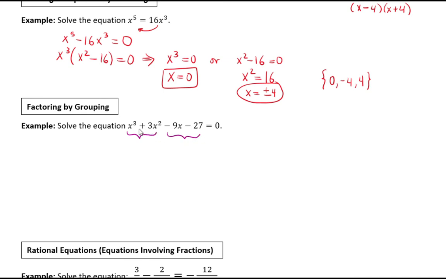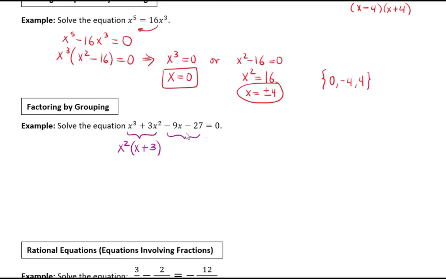Now if I factor out a single term from these 2 terms, you can take out an x squared, and what is left will be simply x plus 3. That's their common factor, the highest possible common factor.